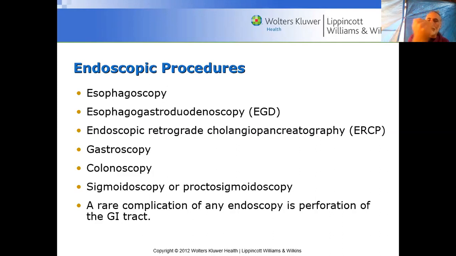Retrograde meaning we're coming back against that flow to get into those structures. So that's the retrograde portion of it. But again, direct visualization. We're looking at vessels coming in for the gallbladder and the pancreas.